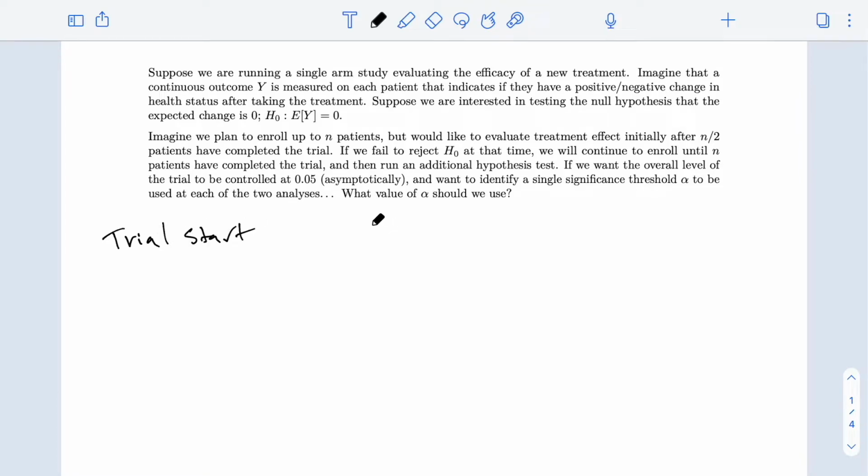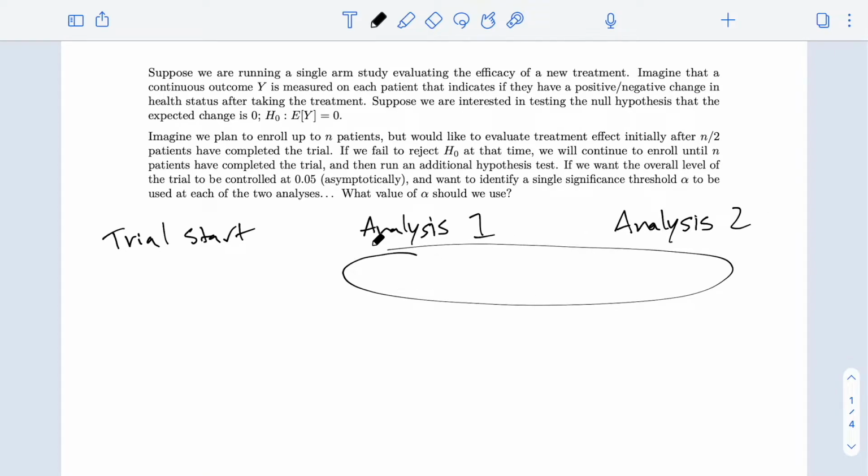We have analysis 1, and then we have analysis 2 that we potentially get to at the end. And again, we would like the probability of rejecting at either of these two analyses, or the probability of rejecting at least one of them, to be controlled at 0.05 if the null hypothesis is true.